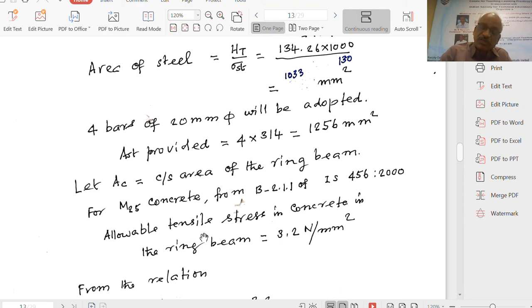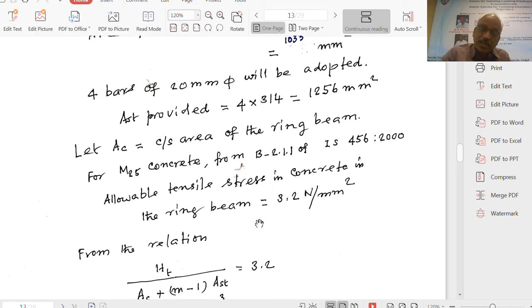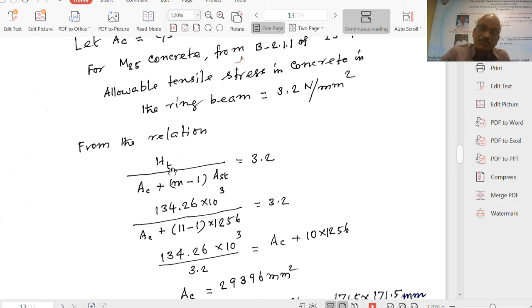It is given in Appendix B 2.1.1 of IS 456 2000. I told you that it has to be used in conjunction with the water tank code as well as the RCC code. Since this is not in contact with the water, the allowable stress is 3.2 Newton per mm square.